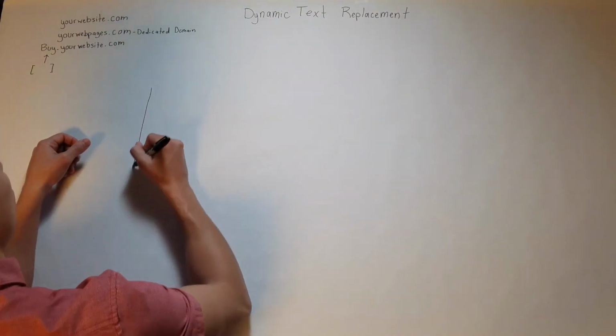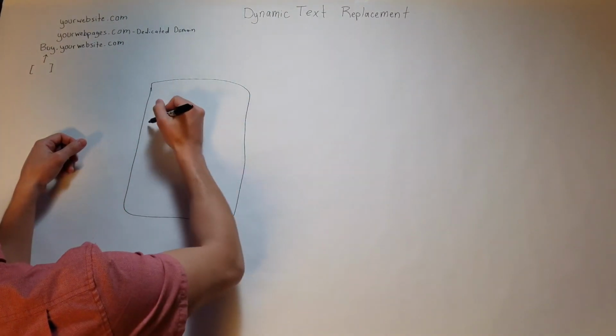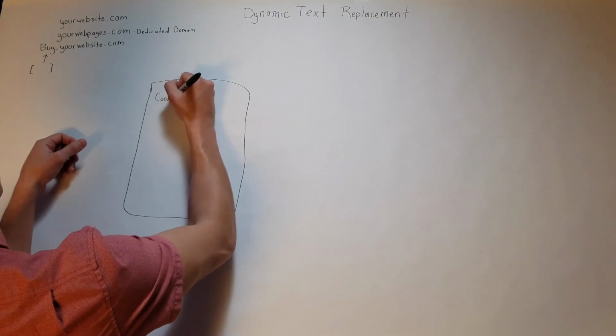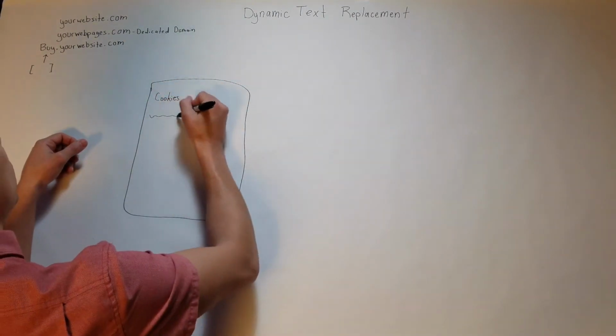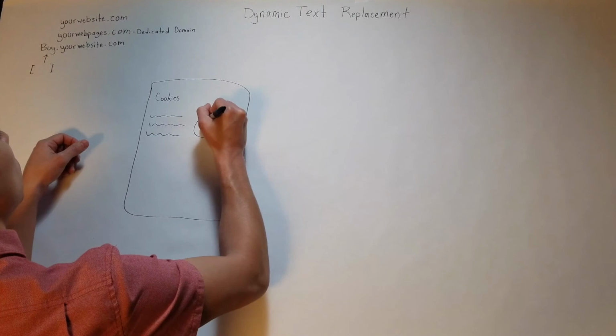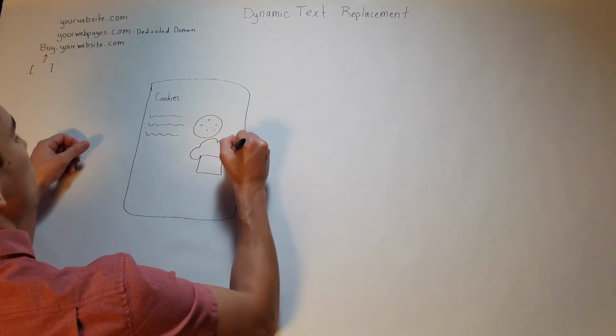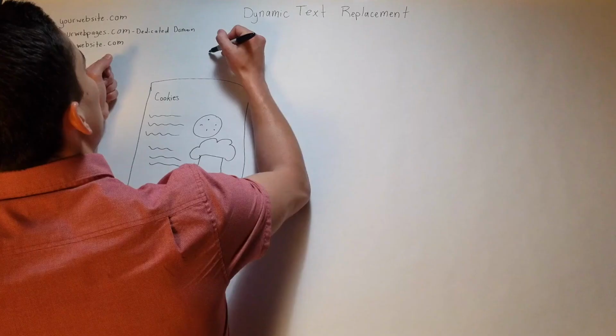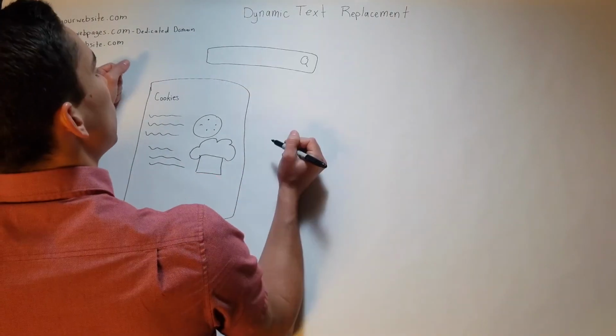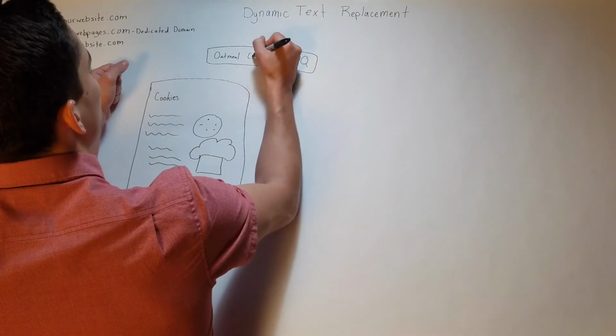So let's say that you have an e-commerce store that sells cookies, and you set up your landing page so that you're able to offer cookies in a very general way. Let's say you write a description about the different ingredients you have and some information on how to bake cookies. Now, let's say a user is searching specifically for oatmeal cookies.